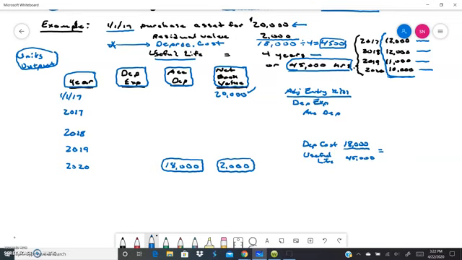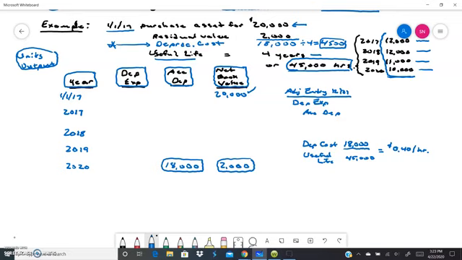And what we're going to get is $0.40 for each hour. So that's the depreciation rate. So every hour we use the machine, we're going to depreciate 40 cents.